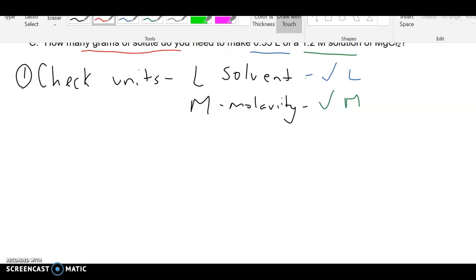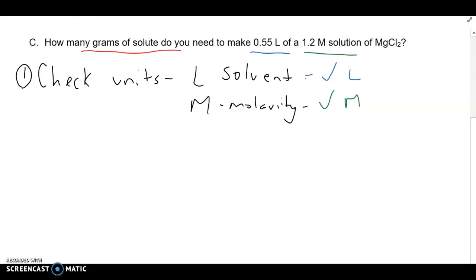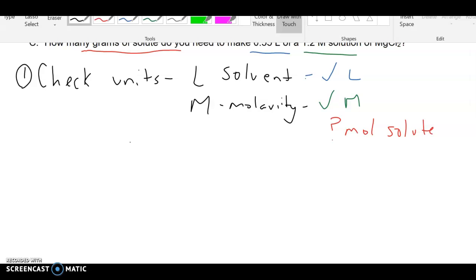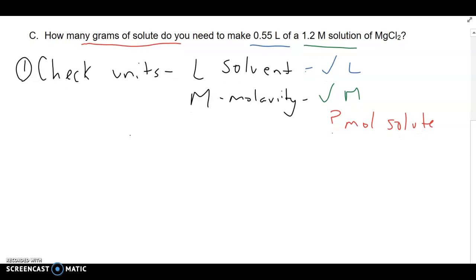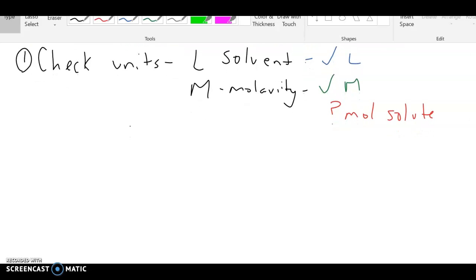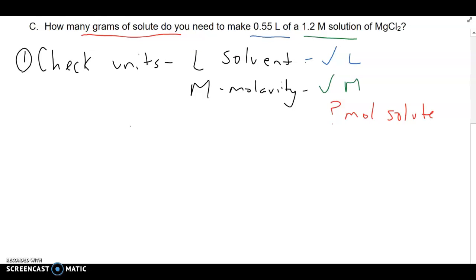Our next step, we know we can find our moles of solute, and then we'll have to change it into grams. So we have an extra step further down.